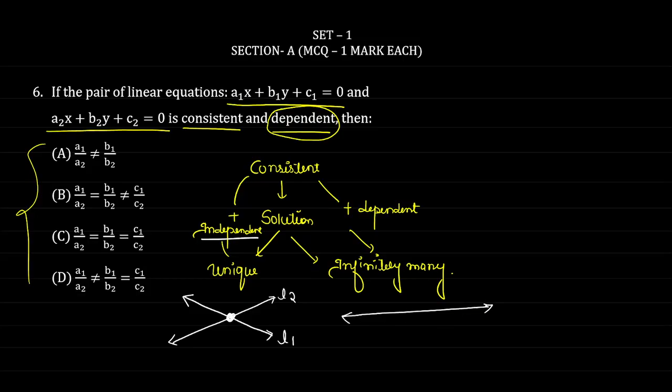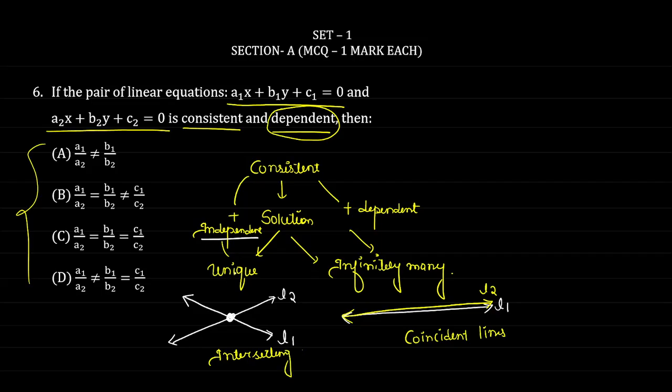Let's suppose this is line L1 and the line L2 is the same line, okay? Basically, we can say that they are coincident lines, okay? So here we have coincident lines. And here we have intersecting lines, right?